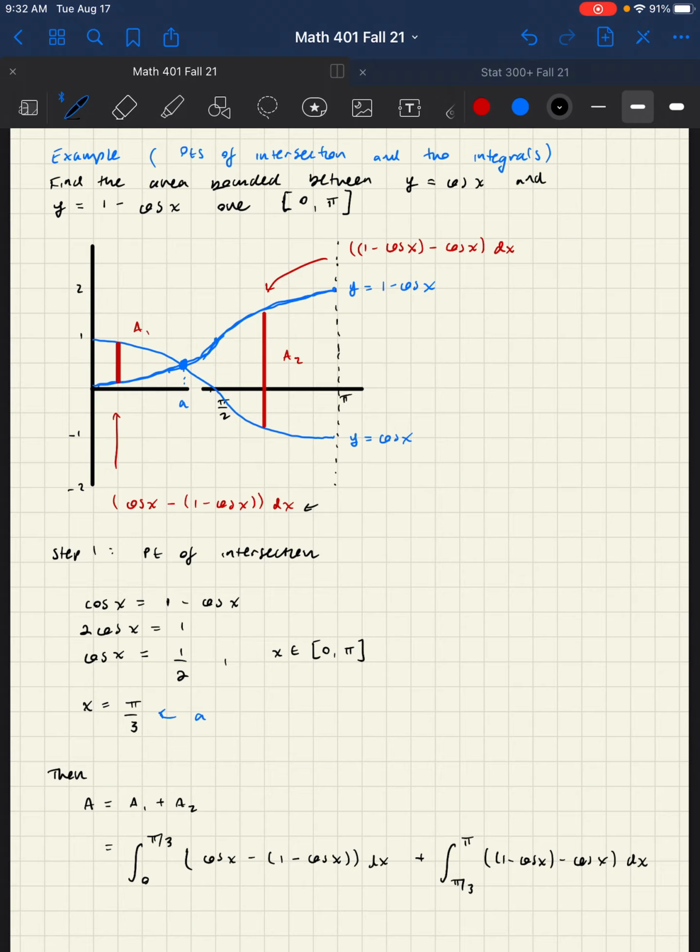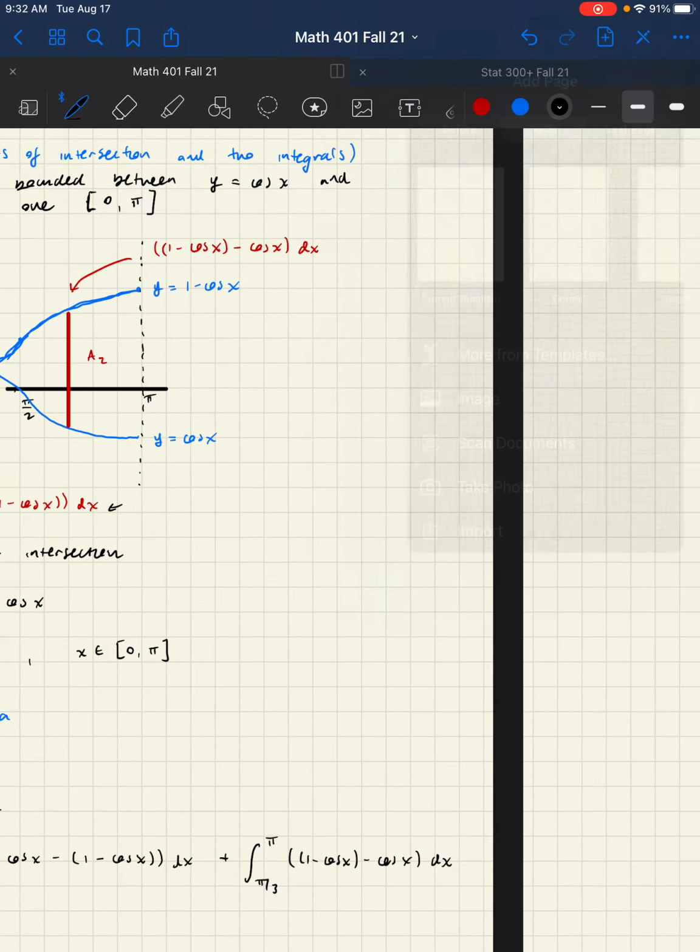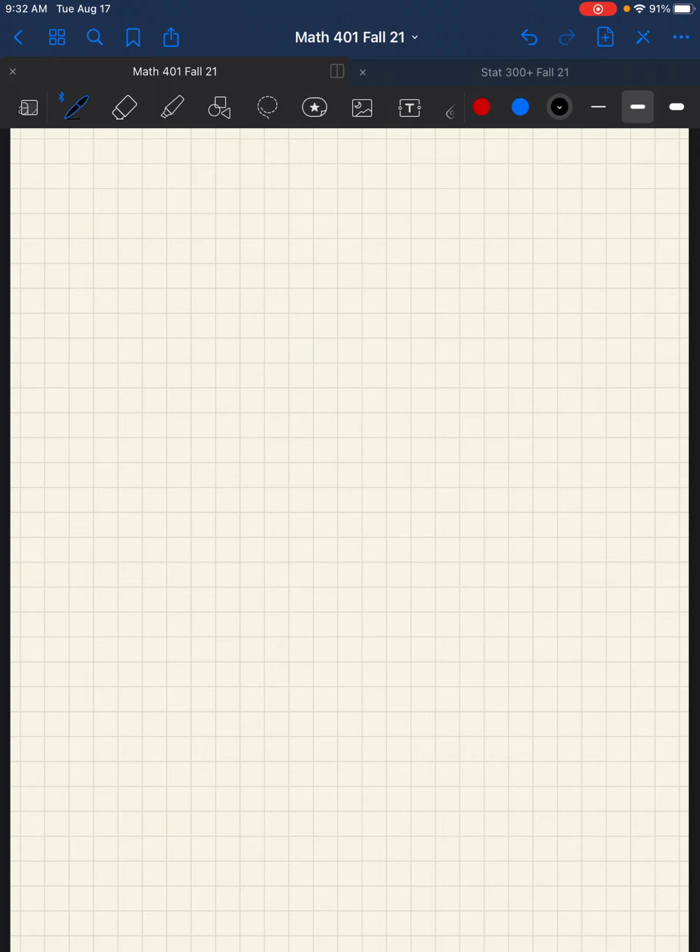So I'm going to clean this up a little bit, and then we're going to actually do the calculation now. So continuing from the previous page, if we clean this up, this should be the integral from 0 to pi over 3 of (2 cosine x minus 1) dx plus the integral from pi over 3 to pi of (1 minus 2 cosine x) dx.